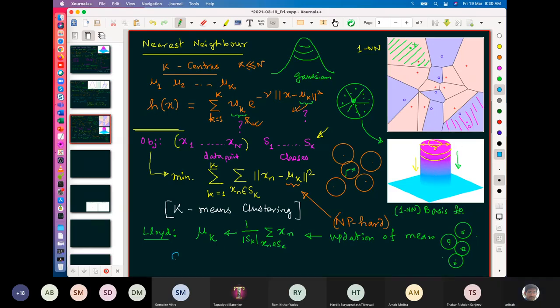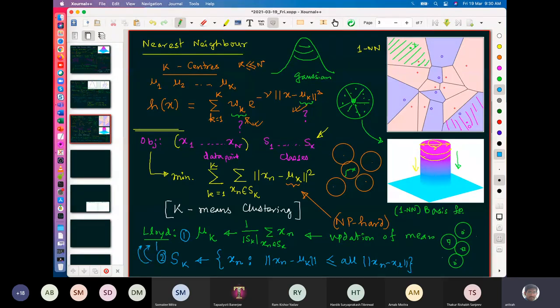And then once you update, your newly formed cluster will be all those points such that the distance with respect to the new mean that you have chosen is less than to all other means. Agreed? These are your two rules by which you do k-means clustering again and again.